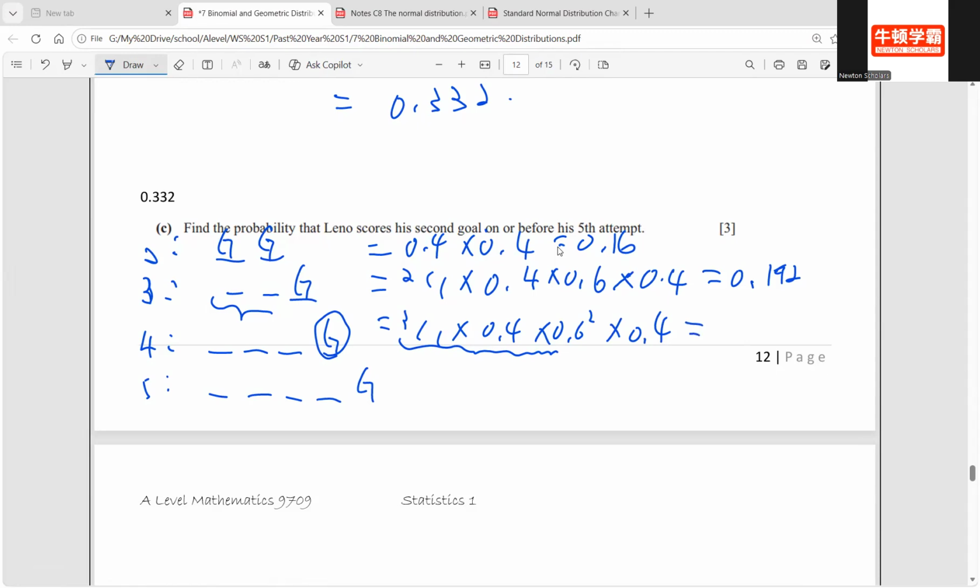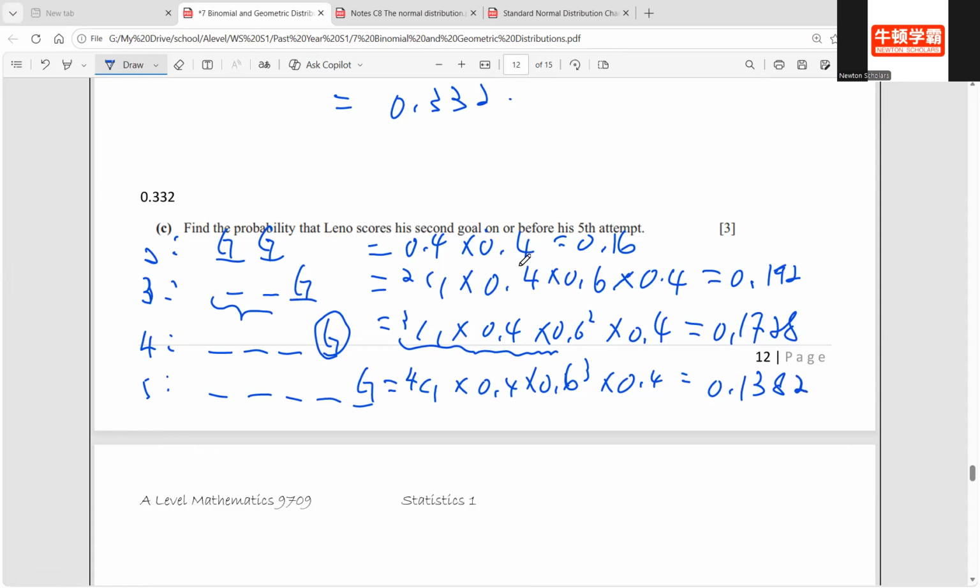Then I will get 0.1728. Next we have 4 places. So 4C1 times 0.4 times 0.6 to the power of 3, because 4 minus 1 is 3. Then don't forget this other 0.4. So I'll get 0.1382.